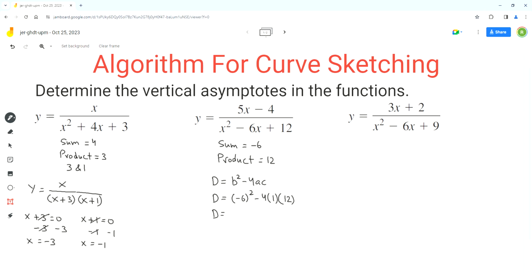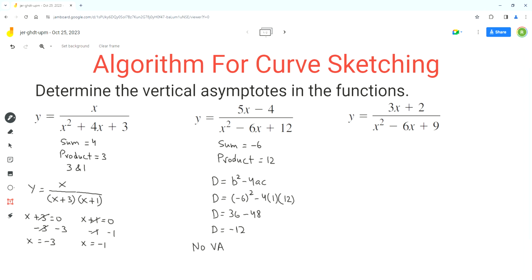Negative 6 squared is 36 and 4 times 1 times 12 is 48. 36 minus 48 is equal to -12. So the discriminant for this trinomial is negative. Therefore, there are no real roots for this trinomial. So therefore, this rational function has no vertical asymptote.